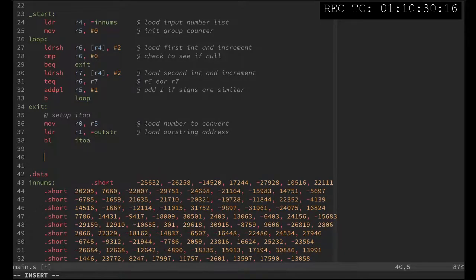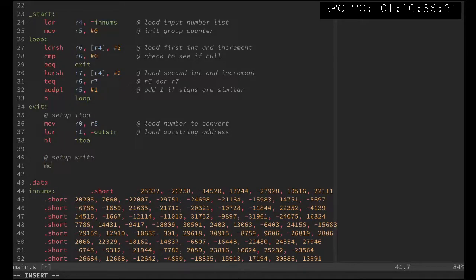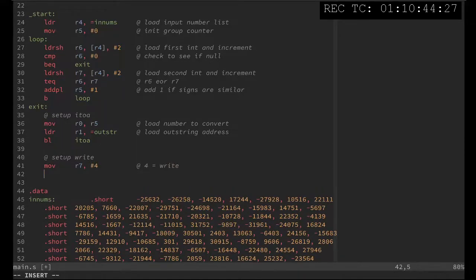Now we have the ASCII code in our outstring address. We can set up our write. Move R7, 4 is our write supervisor call. First parameter is going to be 1 for standard out.